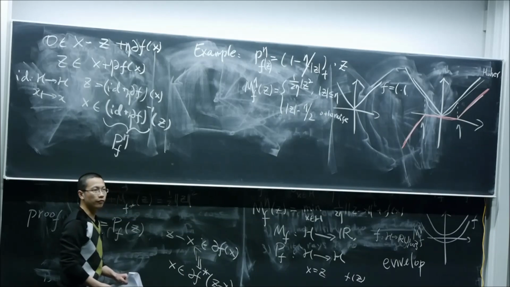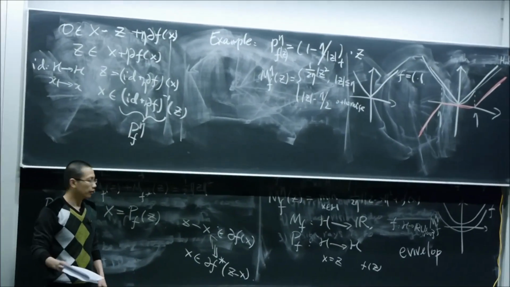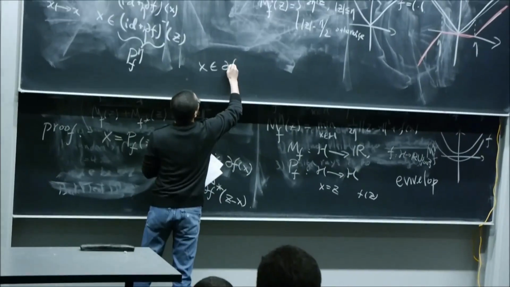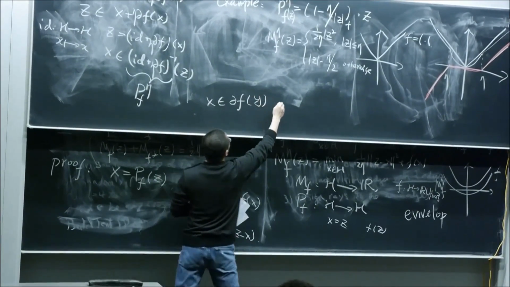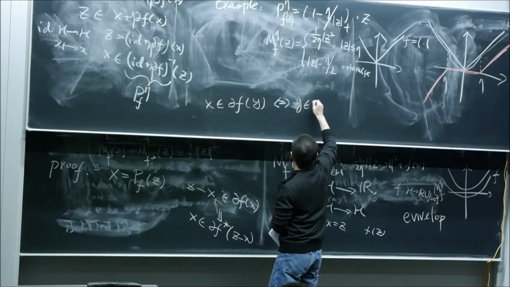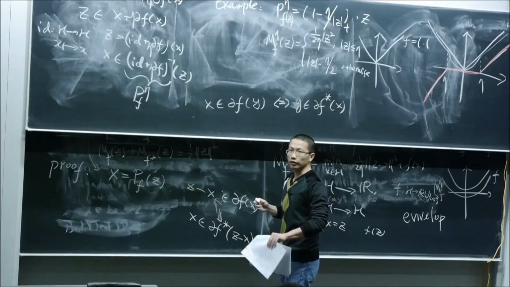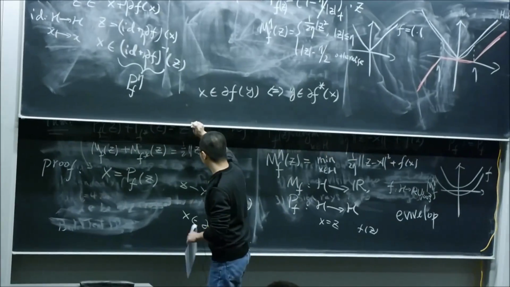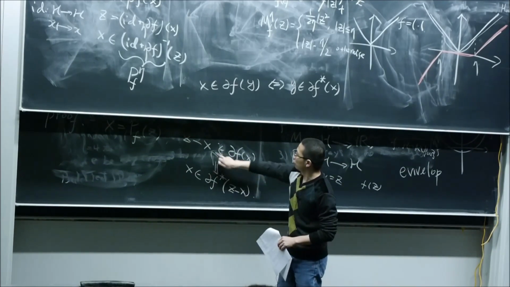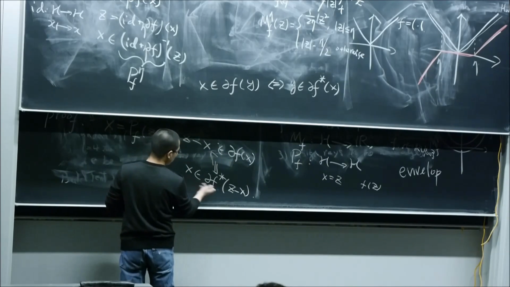So this is a fact from convex analysis. x is in the subdifferential of f at the point y if and only if you swap the roles, y is going to be in the subdifferential of f conjugate at x. Okay, that's a fact from convex analysis. So if you assume that this is true if and only if this is true, and then we just do this.